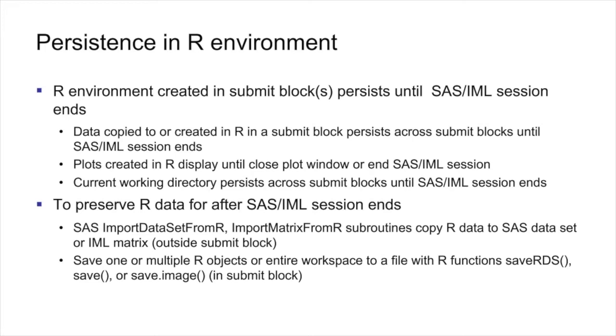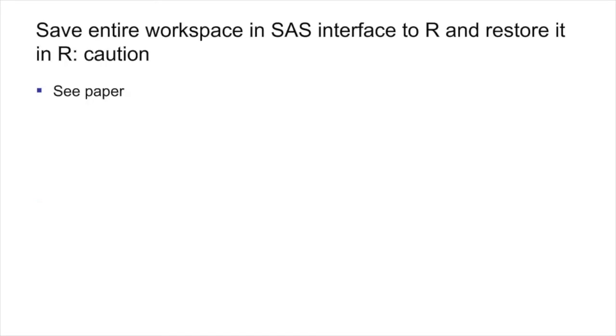So we can use one or more standard R statements to copy one or more R objects to a more permanent location with saveRDS, save, or save.image. And these are standard R commands that we can use like any other standard R command inside of this interface. Now, there's a gotcha with saving an entire workspace, but we don't have time to talk about it. There's a workaround. It's in the paper.